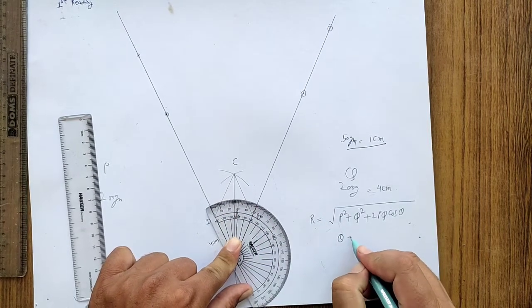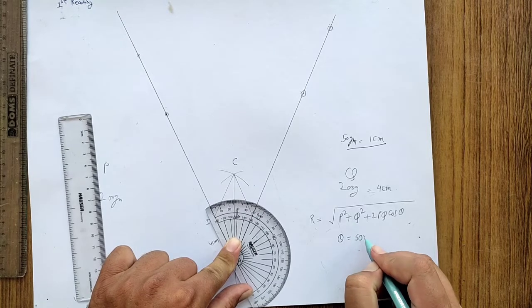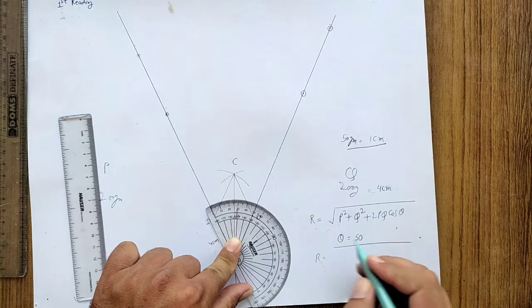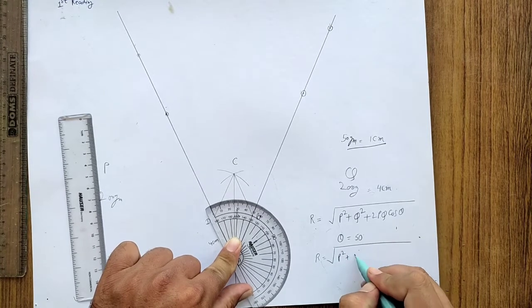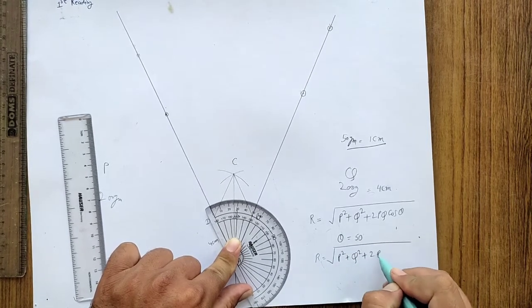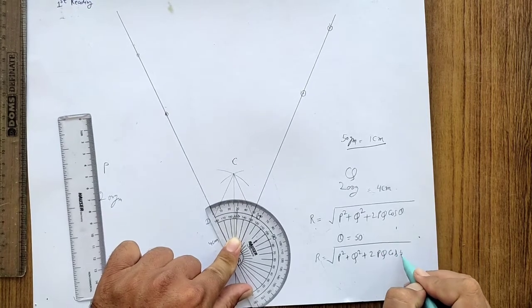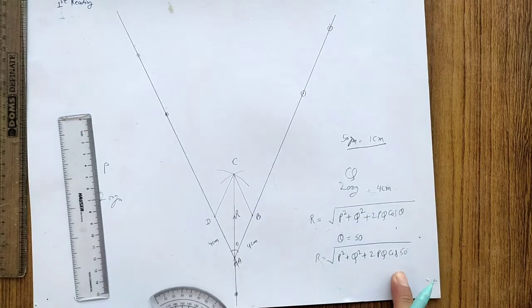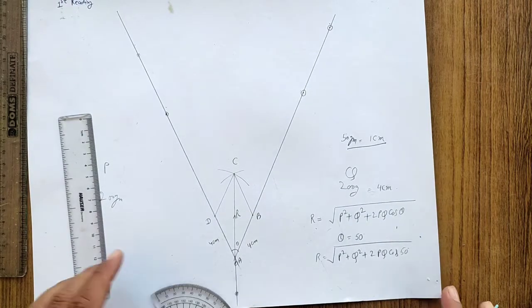So in the first case, theta is 50 degree. I will put it here: R is equal to the square root of P square plus Q square plus 2 PQ cos 50 degree. The rest of the part I will solve on the whiteboard.